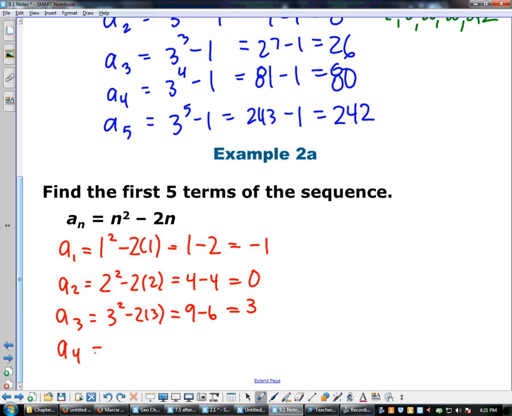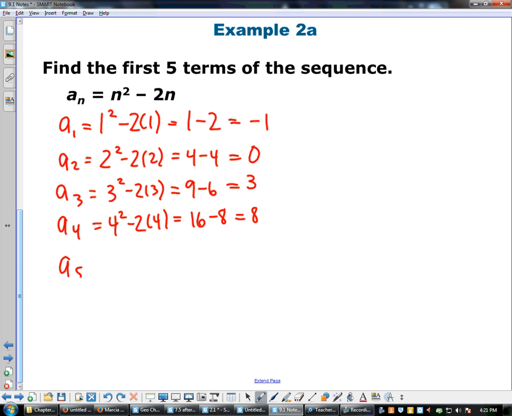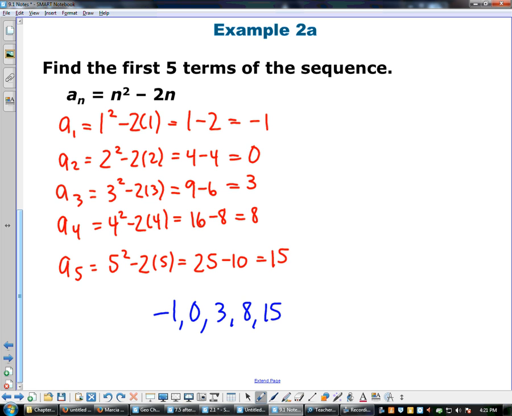A sub 4 would be 4 squared minus 2 times 4, or 16 minus 8, which would give us 8. And finally, a sub 5, 5 squared minus 2 times 5, which would give us 25 minus 10, or 15. So our first 5 terms of this sequence: negative 1, 0, 3, 8, 15.